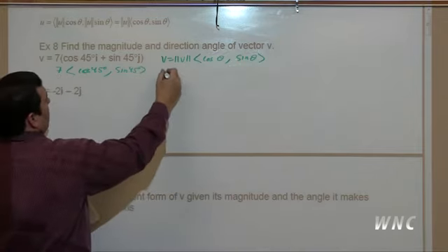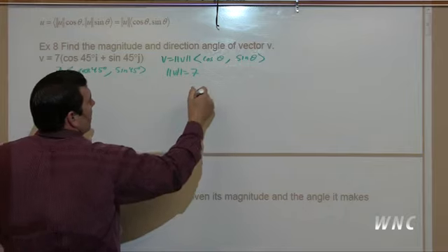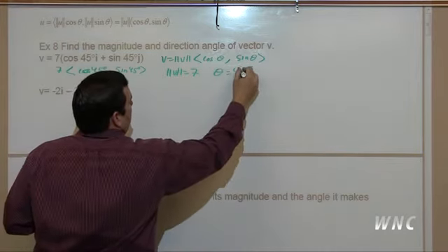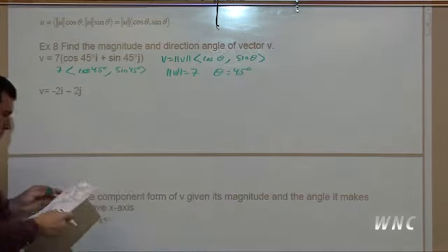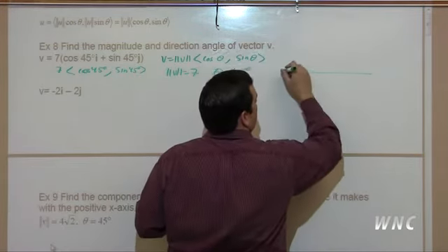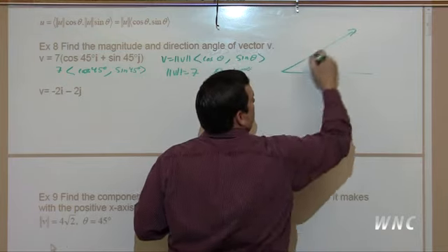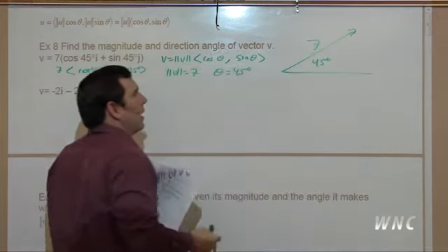So that means the magnitude of v must be 7, and the angle theta must be 45 degrees. What we're seeing here is a vector 45 degrees from the horizontal, with a length of 7.